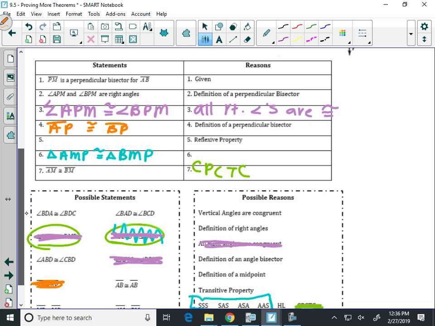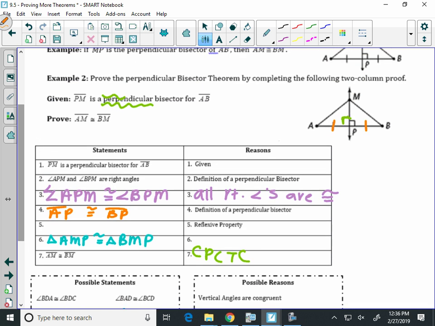Whenever I see reflexive property given to me as a reason, I know my statement has to be something that is congruent to itself. And what type of triangles are these? Both side or shared side? Shared side. What do we know about shared side triangles? It's reflexive property. What side are they sharing? MP.